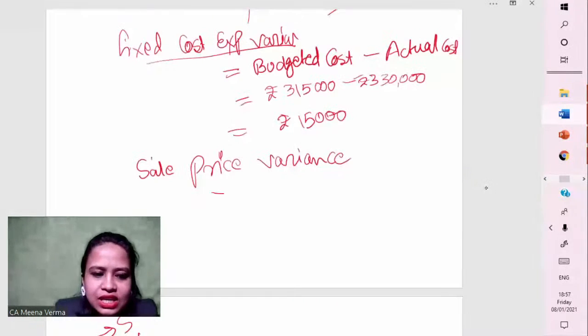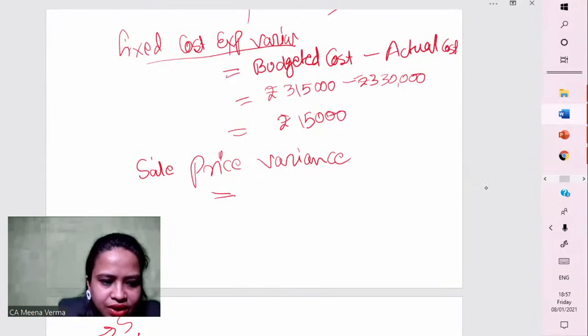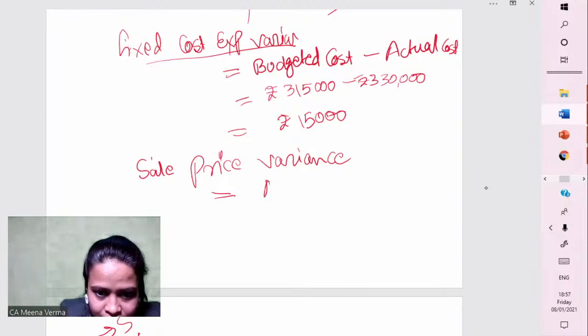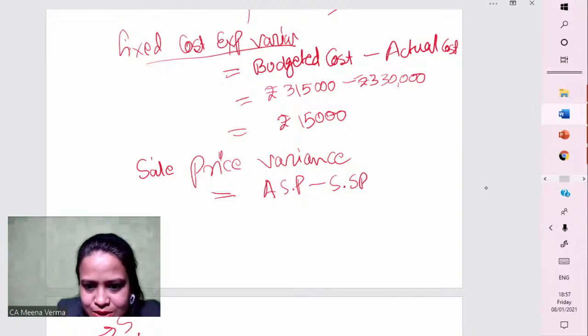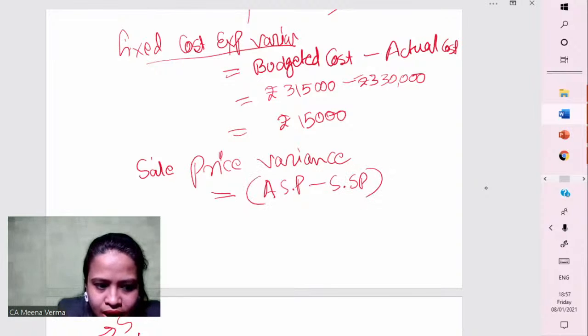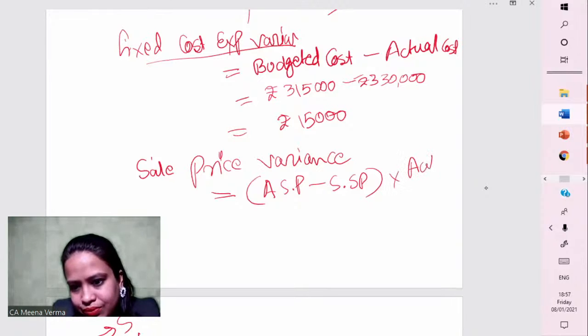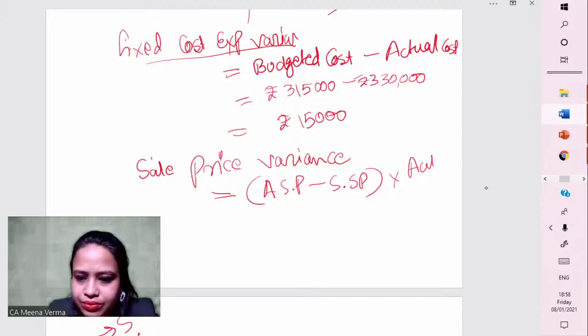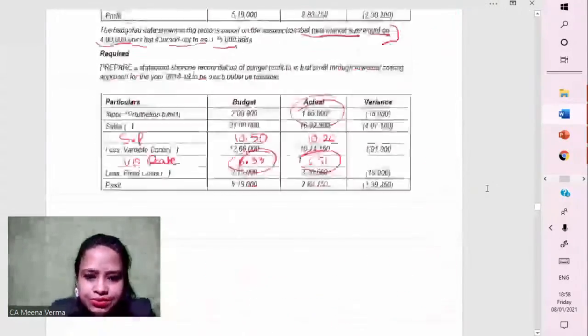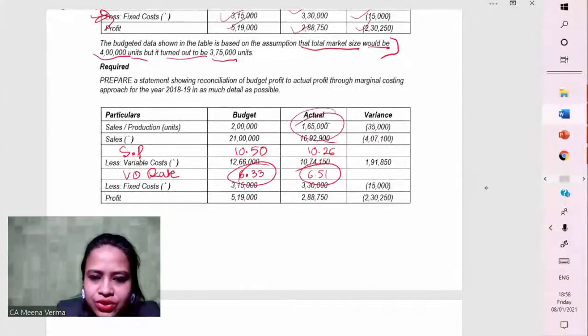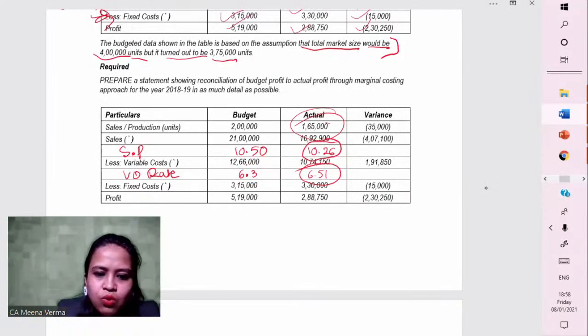Similarly, find the sale price variance. What is the formula for sale price variance? Actual selling price per unit minus standard selling price per unit, into actual sale quantity. What is the actual selling price per unit? We have already found this is the actual sale price per unit. What is the standard selling price per unit?